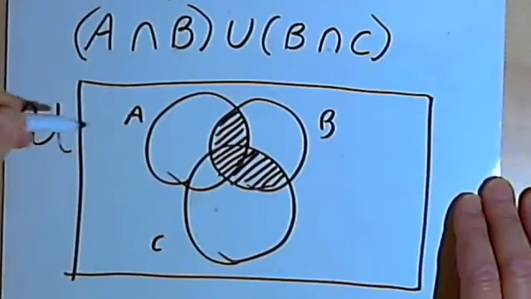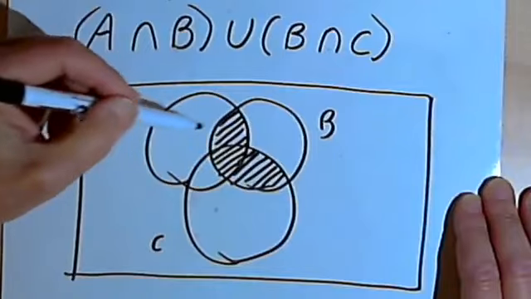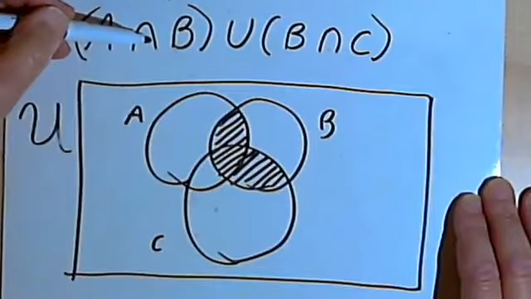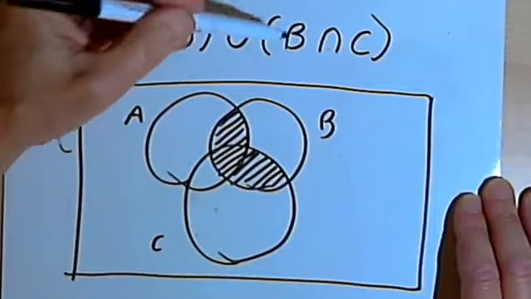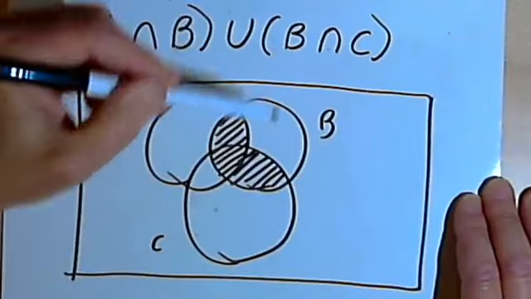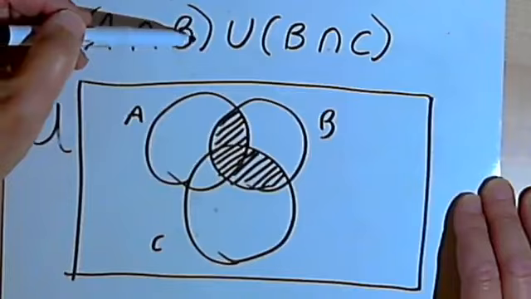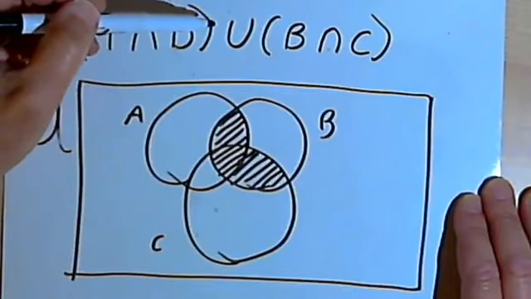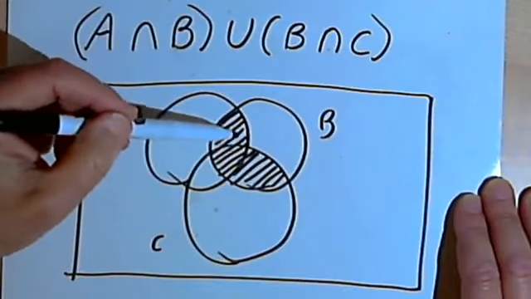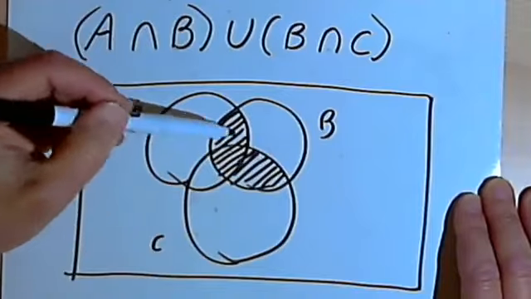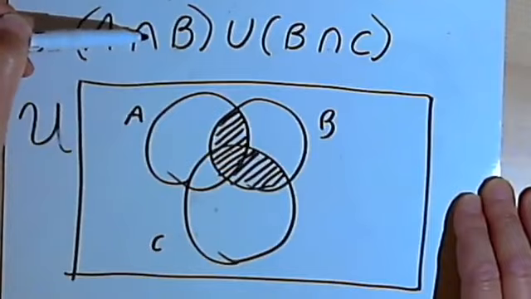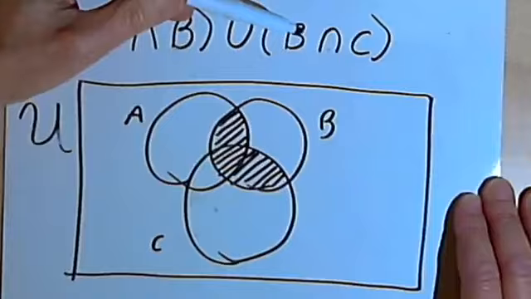Okay, so what I've got is every A and B overlap, that was the intersection of A and B, as well as every place where B and C overlap, the intersection of B and C, and since it's the union of those two overlapping areas, it means I'm going to include anything which I've shaded from the first intersection as well as the second intersection.